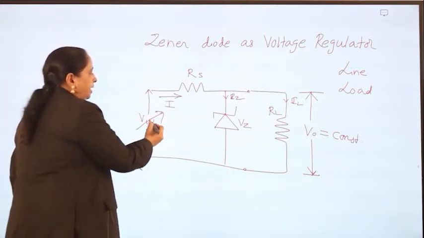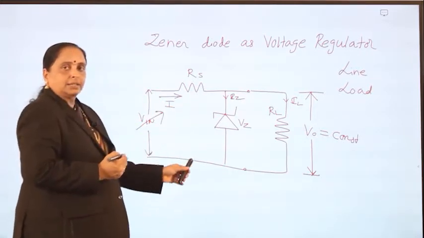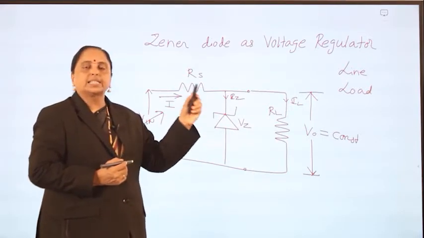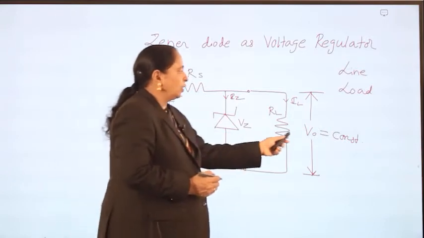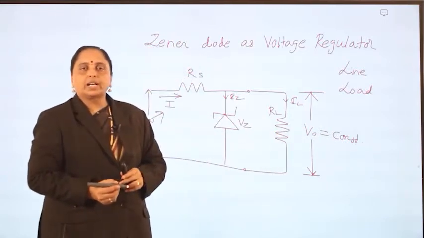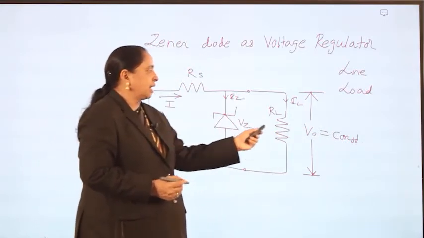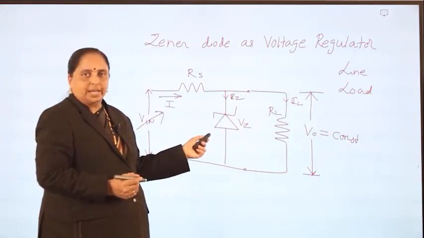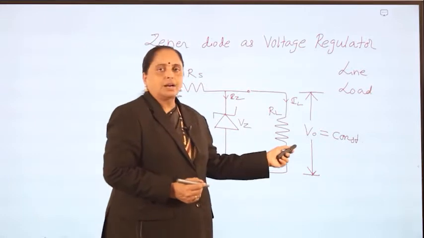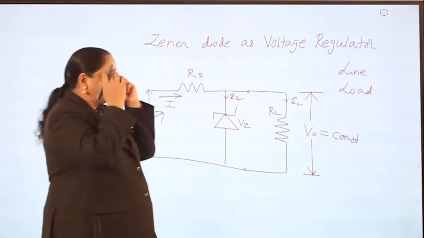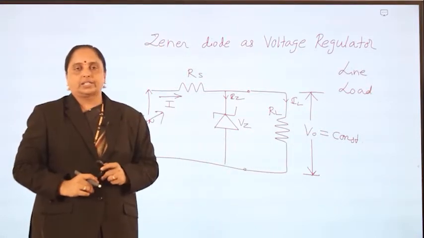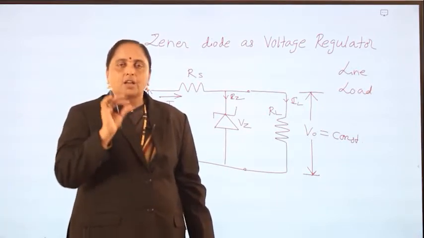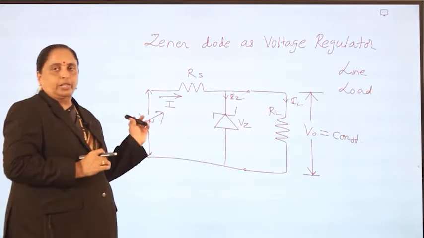Any excess voltage other than what the diode can tolerate is dropped across this series resistance, so that the voltage across the load is constant, because the zener is connected in parallel to the load. Whatever voltage is developed by VZ, the zener voltage, will be the voltage across the load. That is known as line regulation: maintaining the output voltage constant for changes in the line voltage.